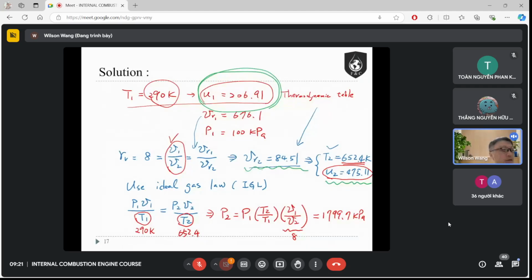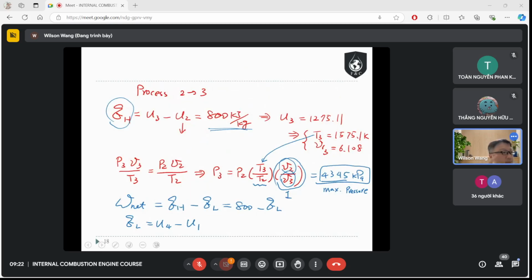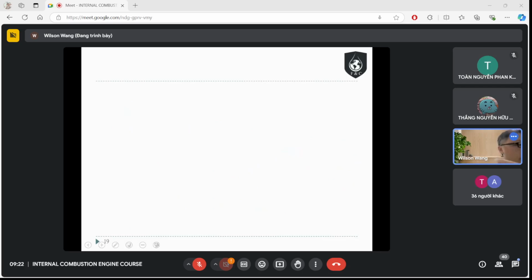You want to have the VR4, you have to follow like this. And this time we look at process 3 to 4.